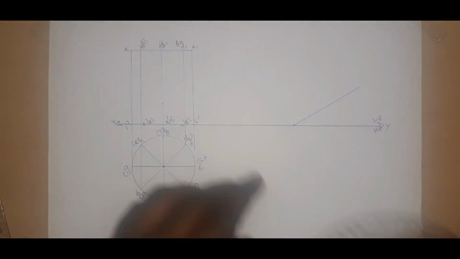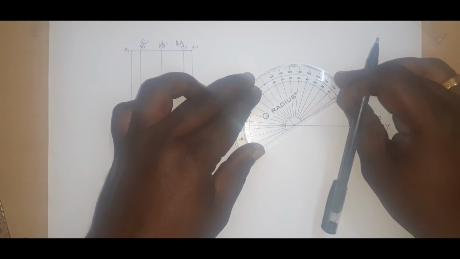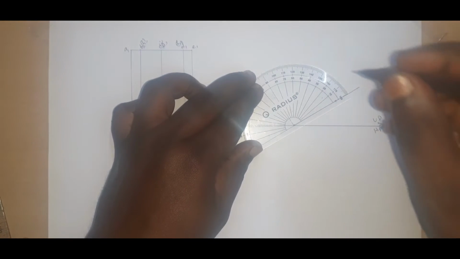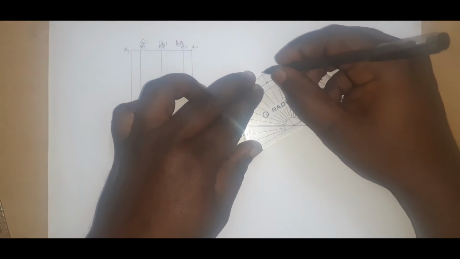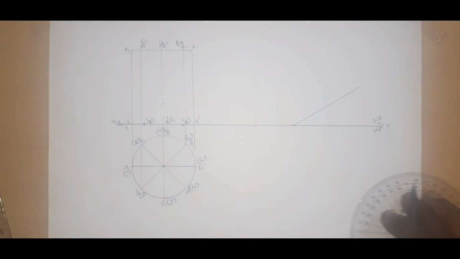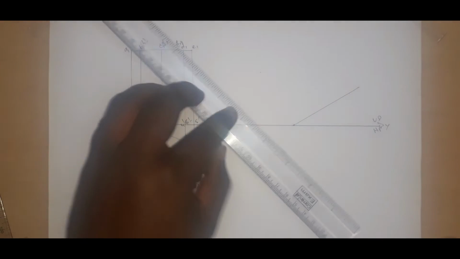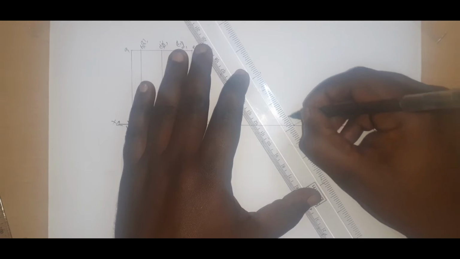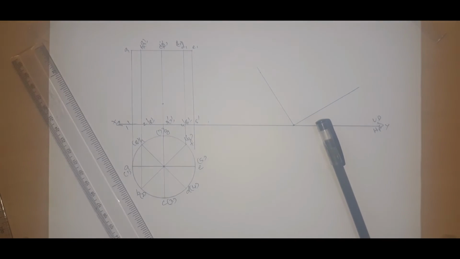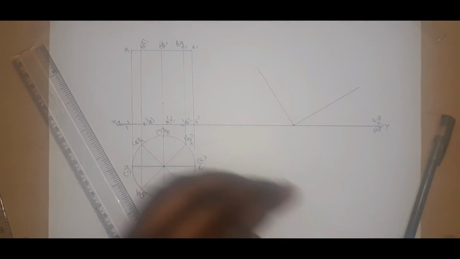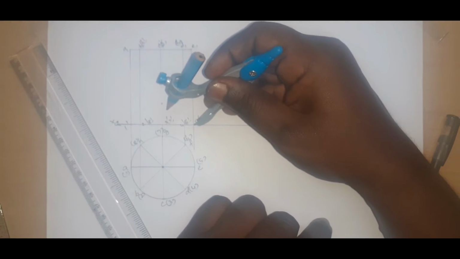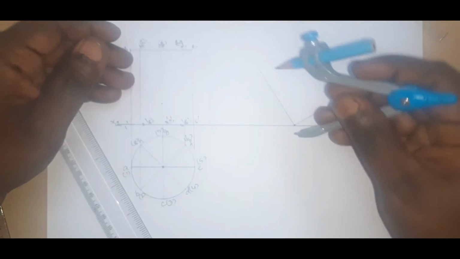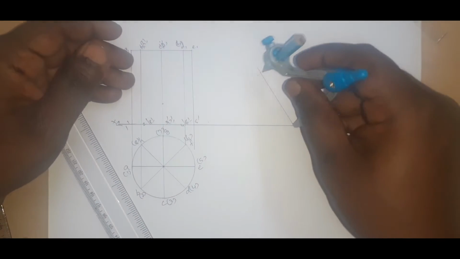Okay, now I am going to make the 90 degrees. Yes, it is a rectangle. The cylinder's front view looks like a rectangle, so we have to draw like this. Now I am making the length. Totally it will be 50 mm, and it will be here.